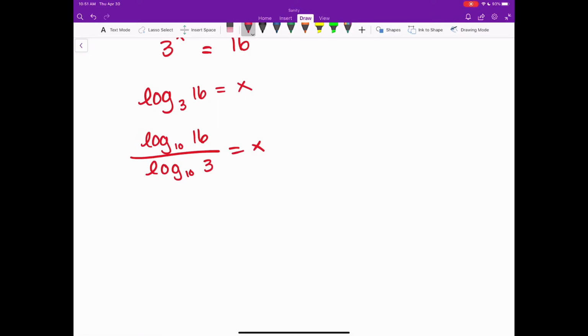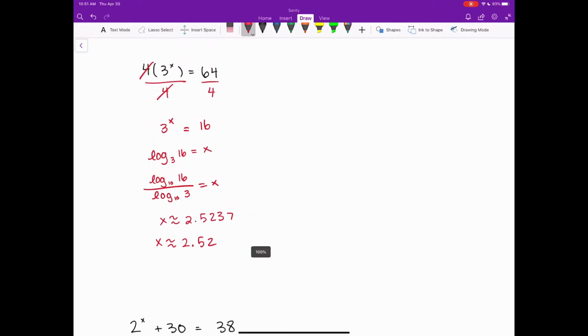And then just typing that into my calculator as log 16 divided by log 3, I'm going to get x is roughly 2.5237. All right, and if you want to round that off, let's just go to 2 decimal places, 2.52. Okay, so there we go with that one.